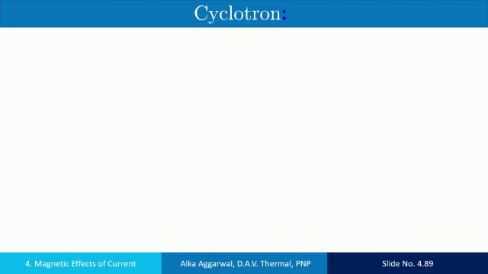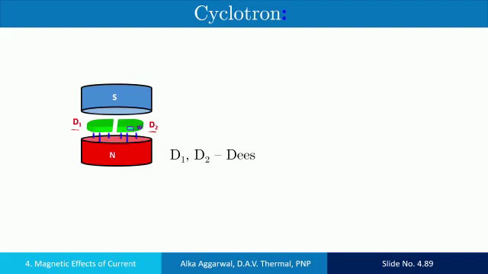Now see the construction of the cyclotron. A cyclotron consists of two semicircular disc-like metal containers. These are called Ds because of their shape. These Ds are placed under the circular pole pieces of very strong magnets.